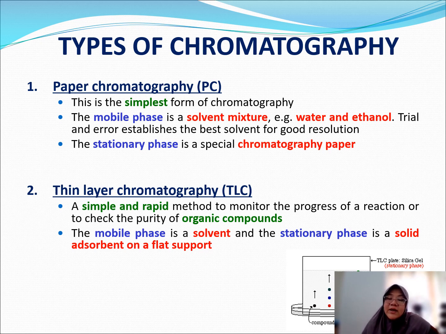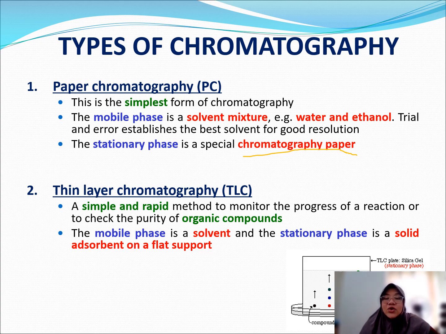After you complete the process of chromatography, the paper will become your chromatogram, where you analyze the retention factor, the RF. The mobile phase for this paper chromatography is the solvent that you dip, which carries your solvent mixture or your extract along the stationary phase, which is the chromatography paper. The chromatography paper will be your stationary phase.